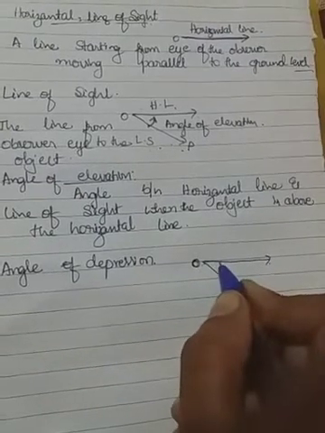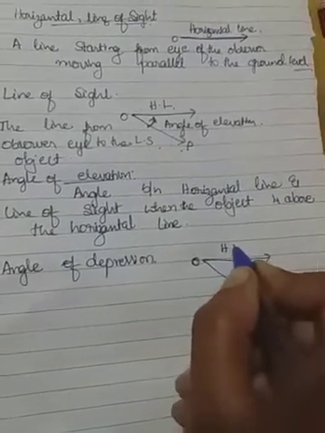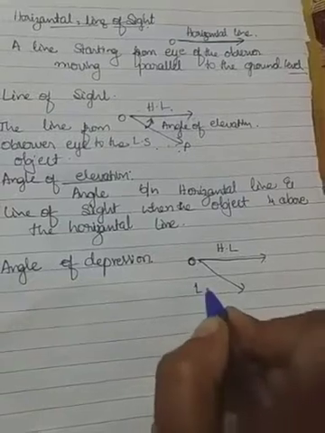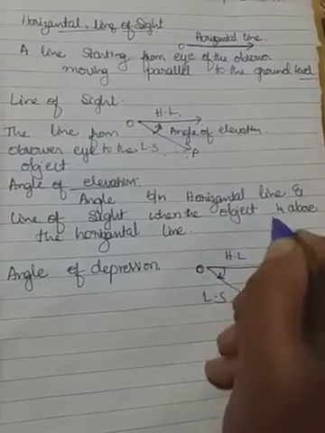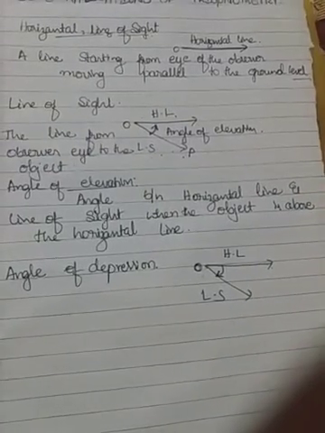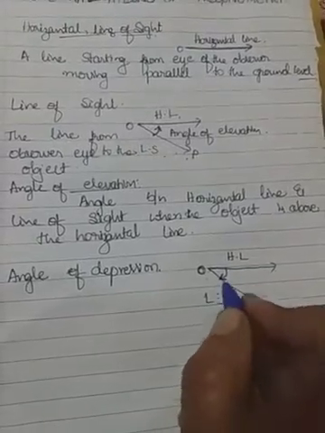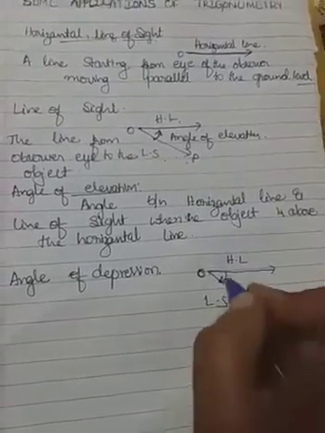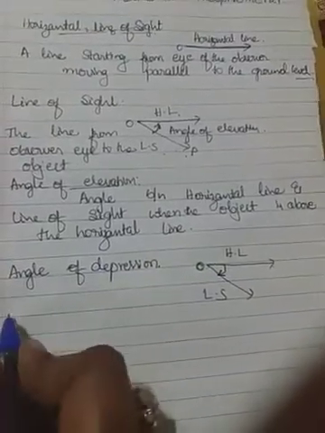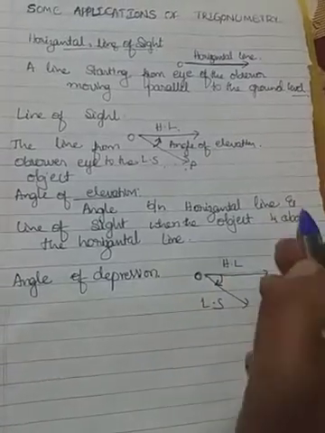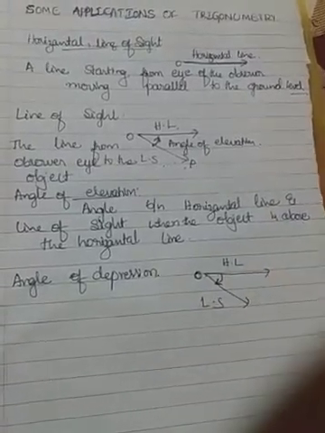The angle between the horizontal line and the line of sight, when the object is below the horizontal line, this arrow mark indicates below, that is called the angle of depression. Same definition, but instead of above we use below, that's all.